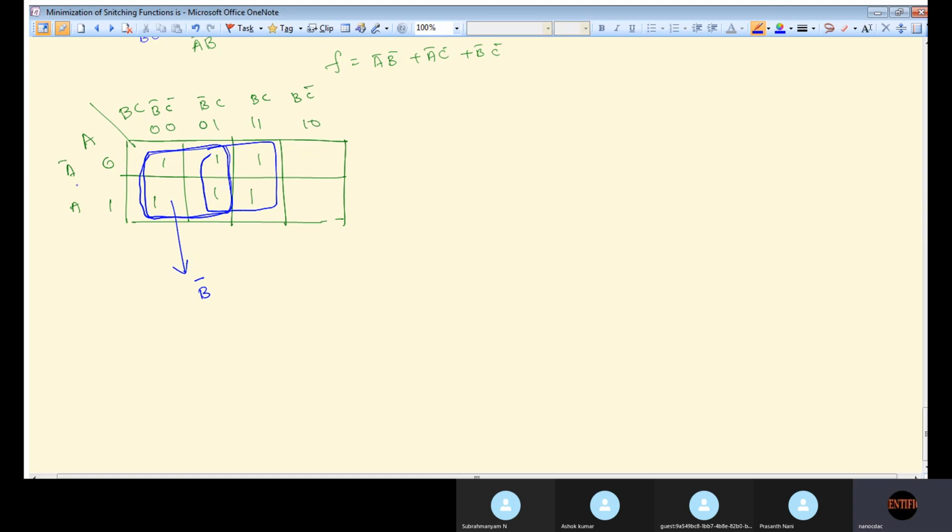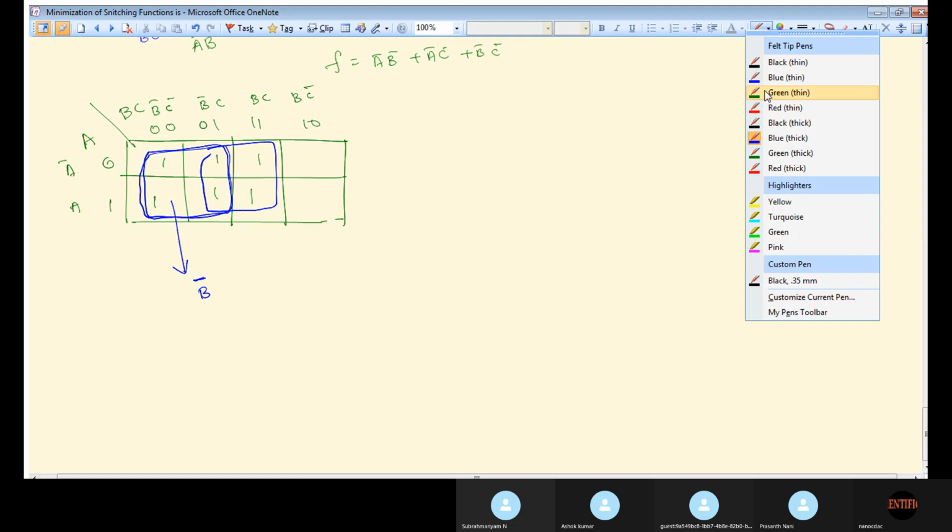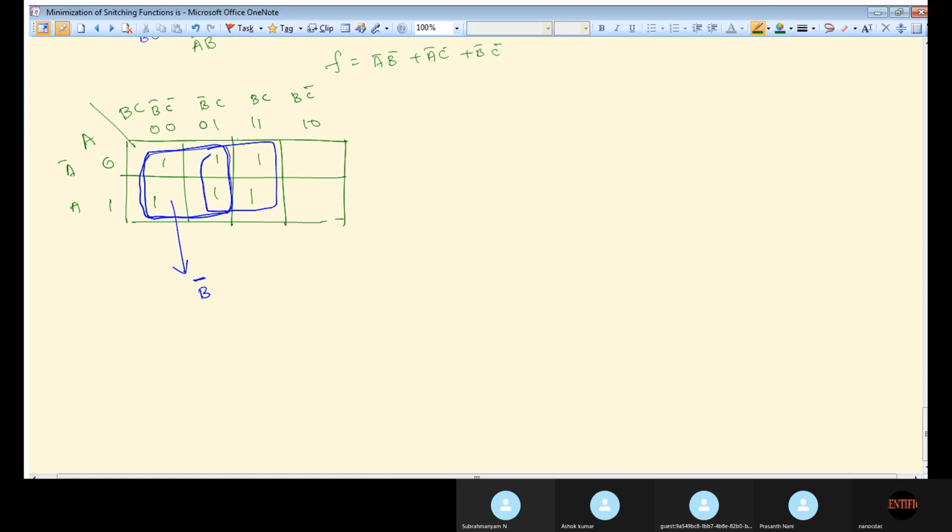Why? Because A plus A bar will be equal to 0 here, and here also C plus C bar if you take, that will be equal to 1. Okay, so B bar is common among these. For this particular block, you will write it as C. Okay, why? Because among these two, C is the common term, that's why I'm writing C. F is equal to B bar plus C.